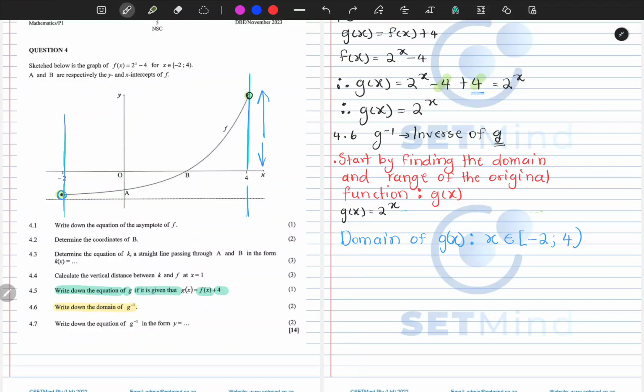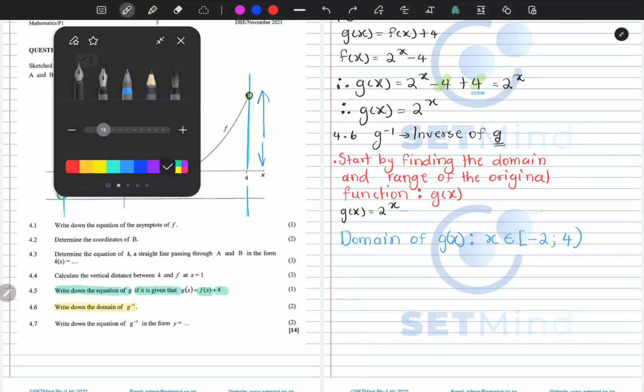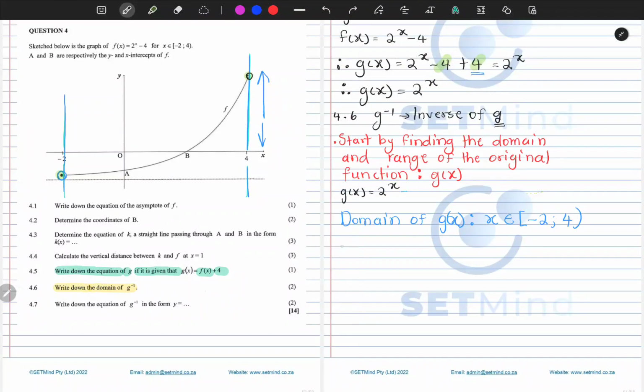And then if you think carefully of the range of the function, the range will actually be affected by the domain.